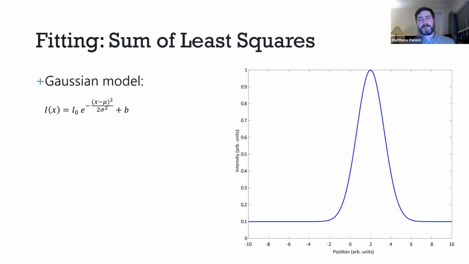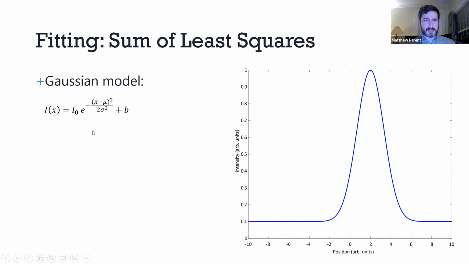So what I'm going to do is then fit it to a Gaussian, and usually that's done using the sum of least squares. It doesn't have to be, but that's sort of the standard. There's also maximum likelihood fits that work quite well, but they're very similar in accuracy for the most part.